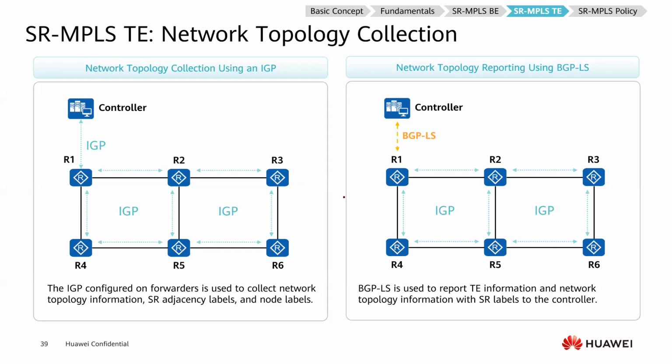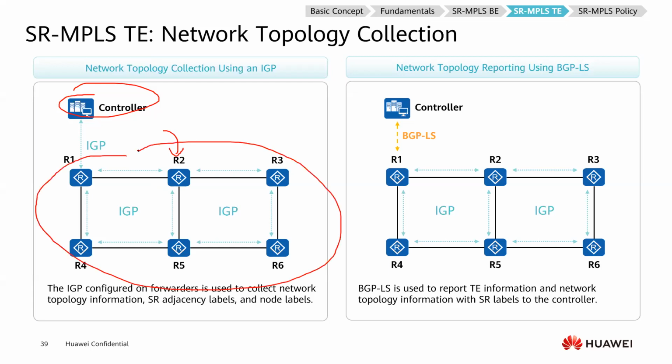SR-MPLS TE, how does it collect the information? Two ways. One is that the controller is in the same network, in the same IGP, as the devices. Then we can directly use extended IGP to send the topology information to the controller.